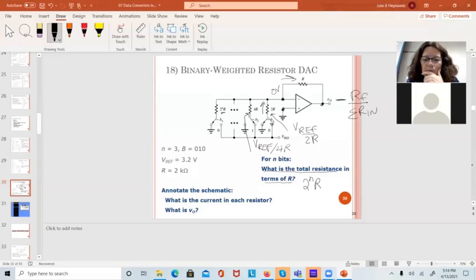So 2 to the N minus 1 times R plus, all the way down, would be the total resistance. What is the current? Time switches to ground. What? Time switches to ground on the inactive terminal?